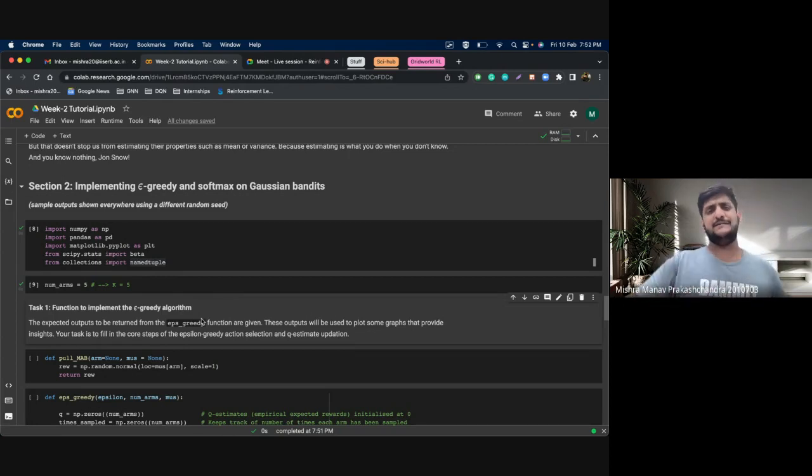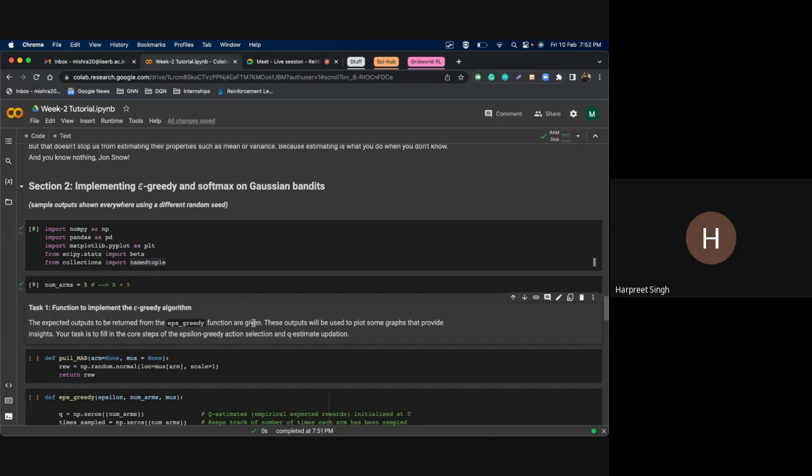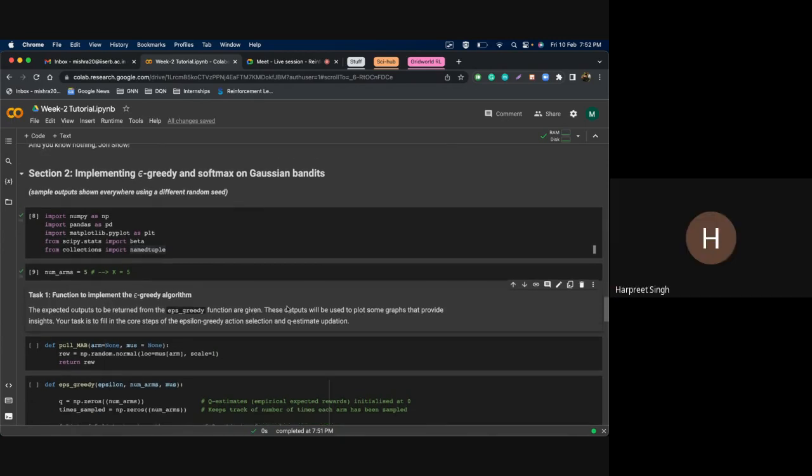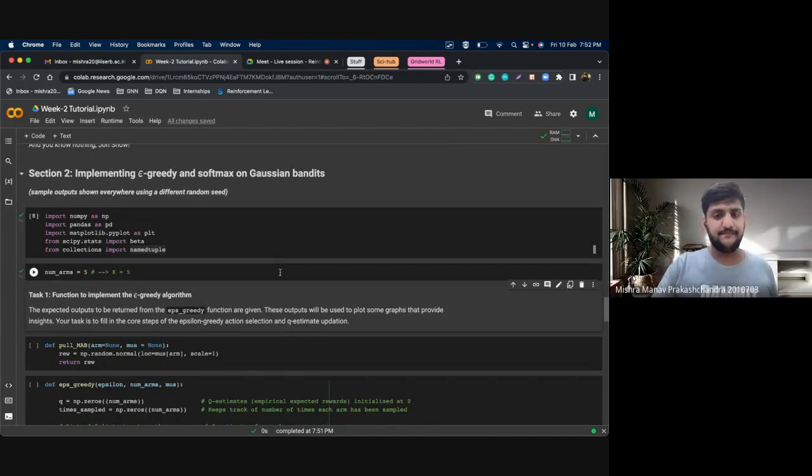Because by doing multiple samplings, you eventually try to converge to the original mean. As you just showed earlier, all the five had different distributions, and by sampling a large number of times, we actually reached the right numbers. Correct.